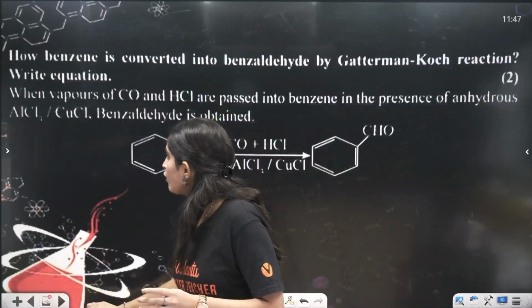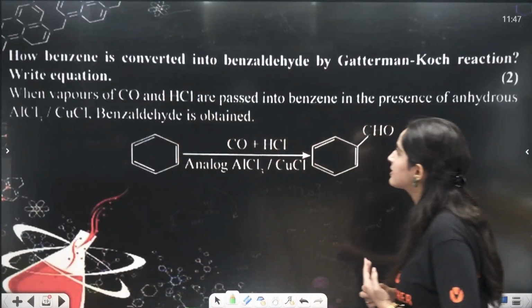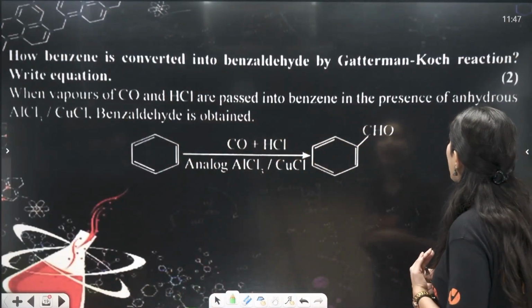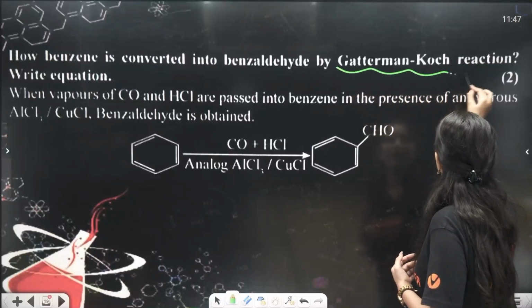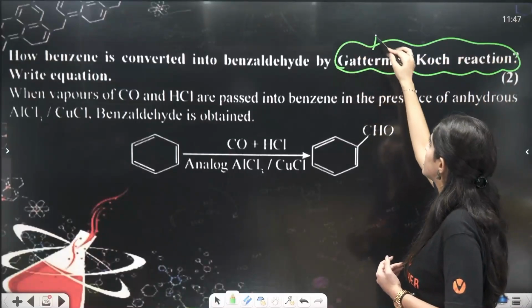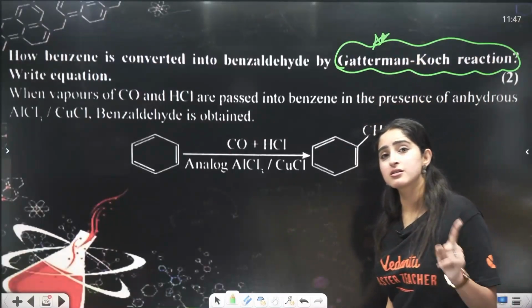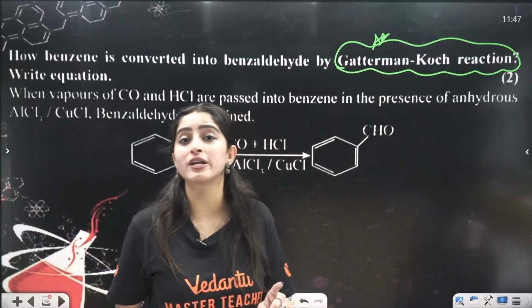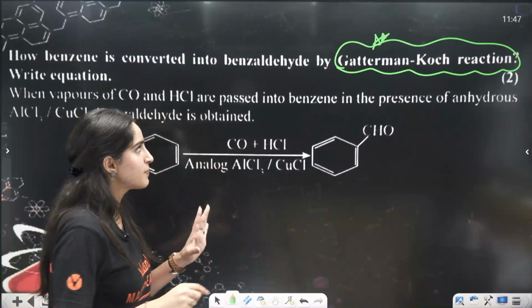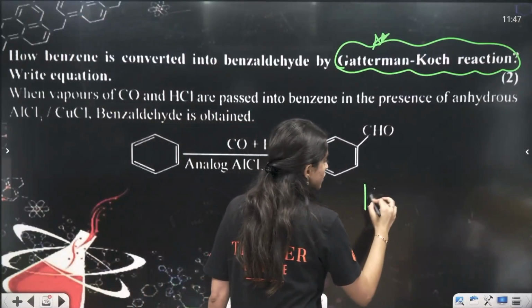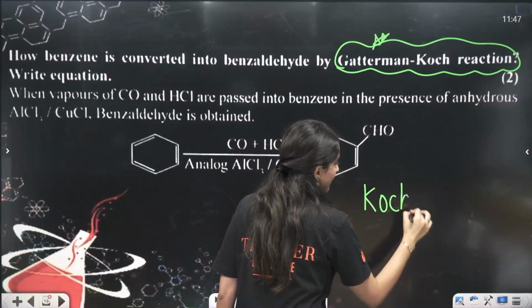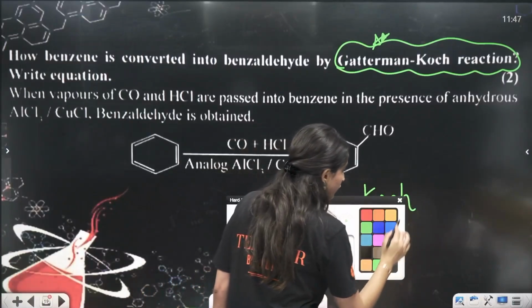Okay. Now, next is how benzene is converted to benzaldehyde by the Gattermann-Koch reaction. Again, a very important naming reaction, right? Gattermann reaction is different. Gattermann-Koch reaction is different. Just remember this by Koch, K-O-C-H. From this only I will tell you the hint.